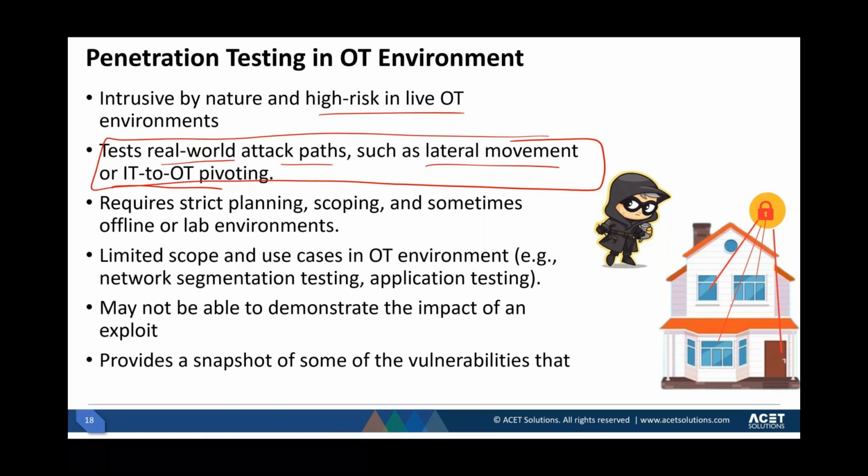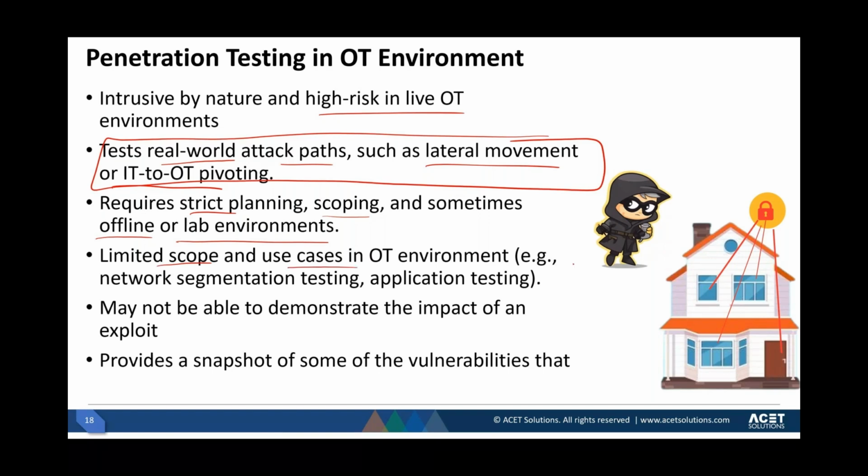But the scope and sometimes the depth of it is usually restricted. So it requires strict planning into what systems you can touch. Maybe you can do it in an offline or a lab environment, which may not be a 100% replica of the complete system. So the scope and use cases will be limited.